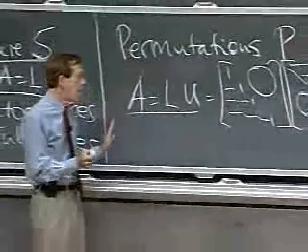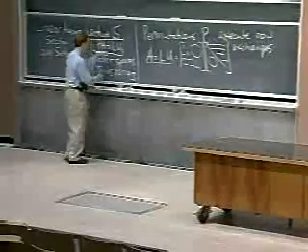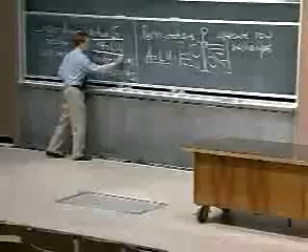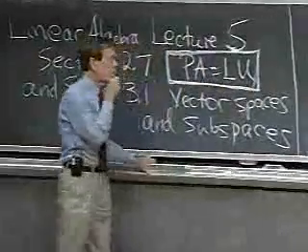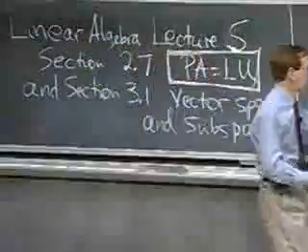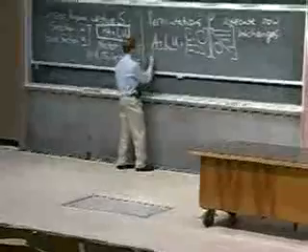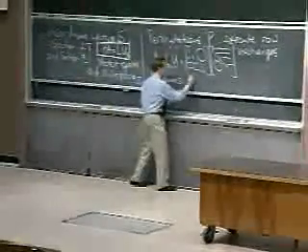And then the result is, it's hiding here. It's the main fact. This is the description of elimination with row exchanges. So A equal LU becomes PA equal LU.